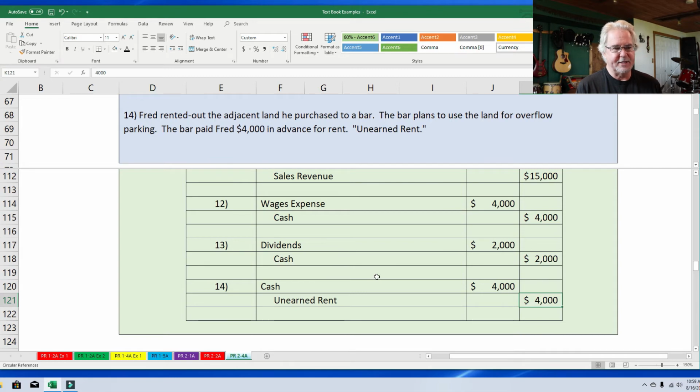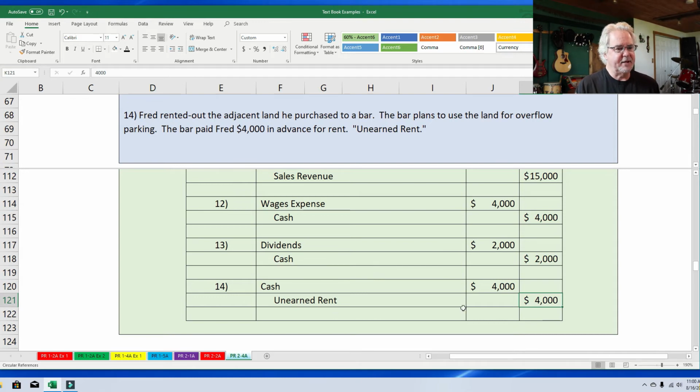So until that land is used for overflow parking, Fred owes them something. He either owes them the space on the land, or he's got to pay the money back. It's sort of like whenever you make a deposit or something. It's your money, but other people are holding on to it, and so those other people owe you the money.